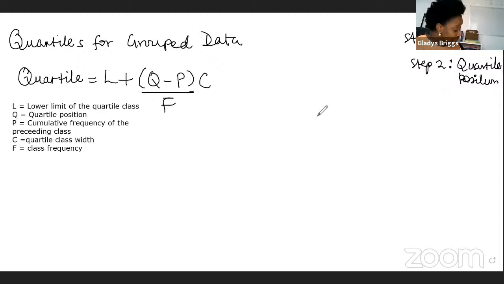Okay, so let's have a look at an example. So here's my example.